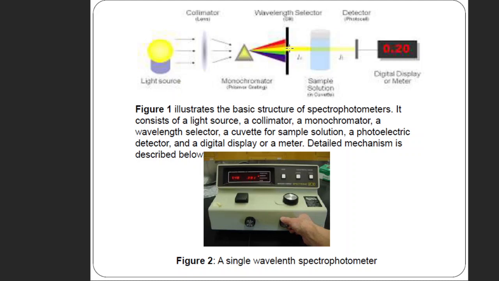When we allow this incident radiation to pass through this object, this dark blue color solution which is marked here, it will absorb some amount of radiation. And how much radiation it will absorb depends upon this path length, that is the diameter of this cuvette or the sample holder.